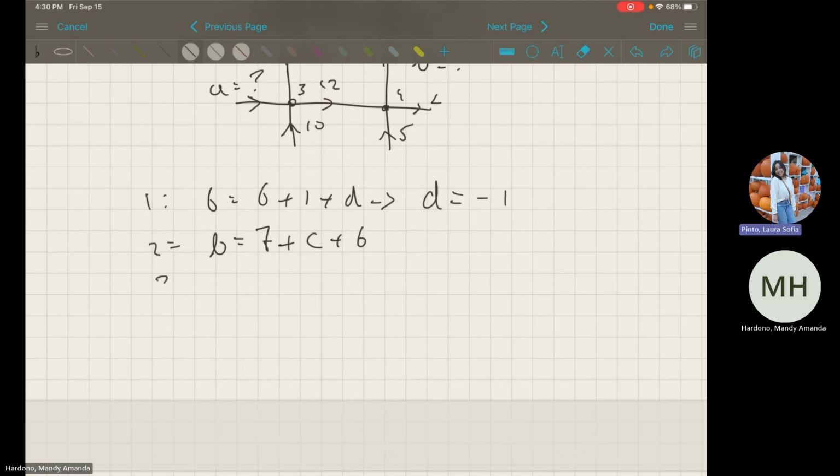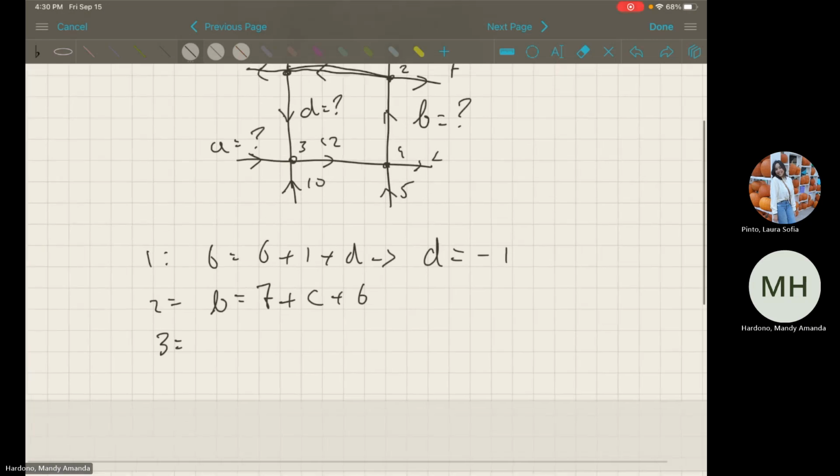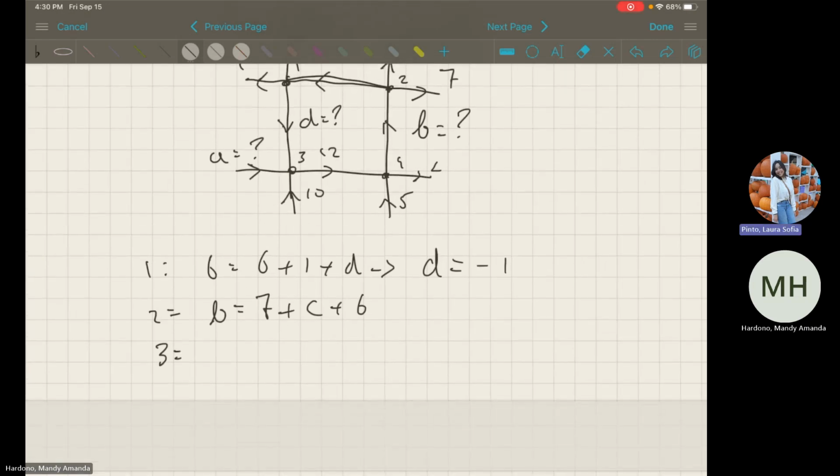Okay, so you then go to 3. What is entering 3? So you have the 10 entering plus the D due to the arrow, right? But since D is -1, you would have to have -1 here. A is also entering, so you have A there, and you have 12 leaving.